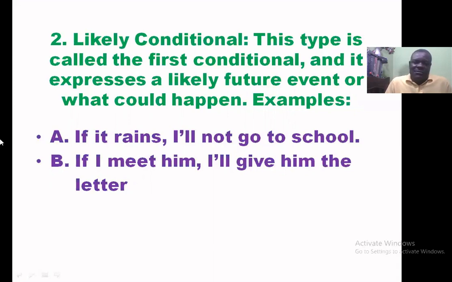It's a clear possibility. It's possible I meet him, probably I'm going to someone's office. It's possible I meet him in his office or in his house, and it's possible I give him the letter if I meet him. So it states a likely condition, something that could happen.